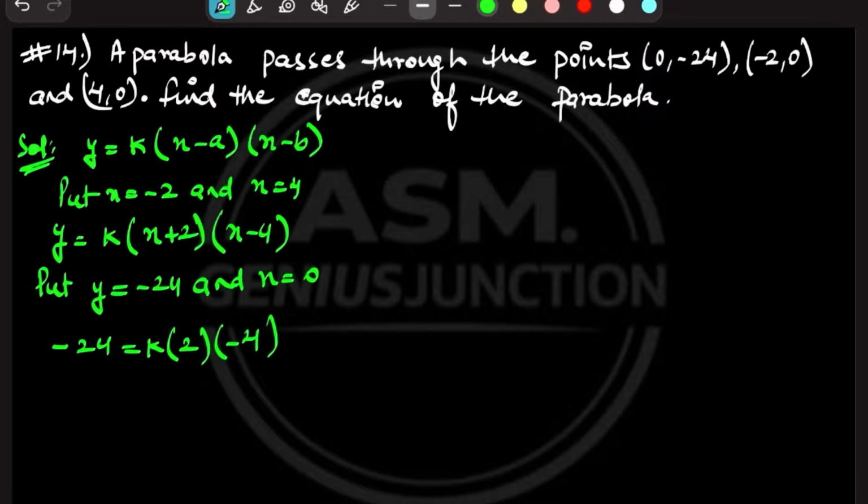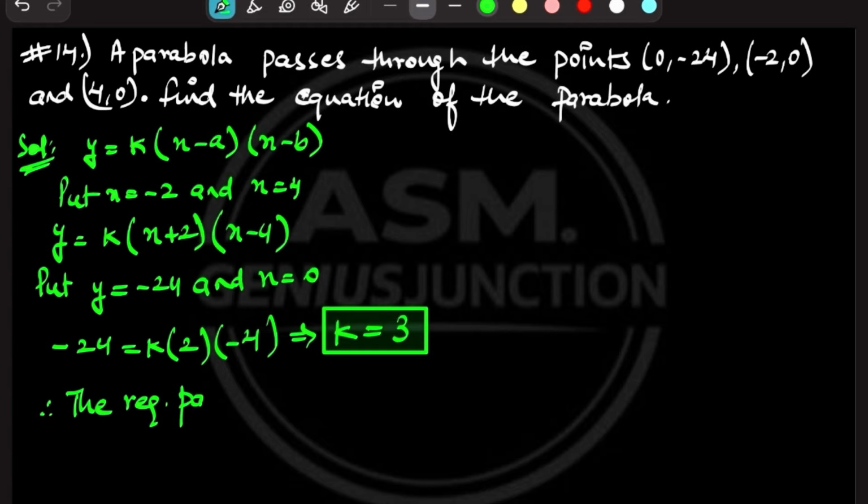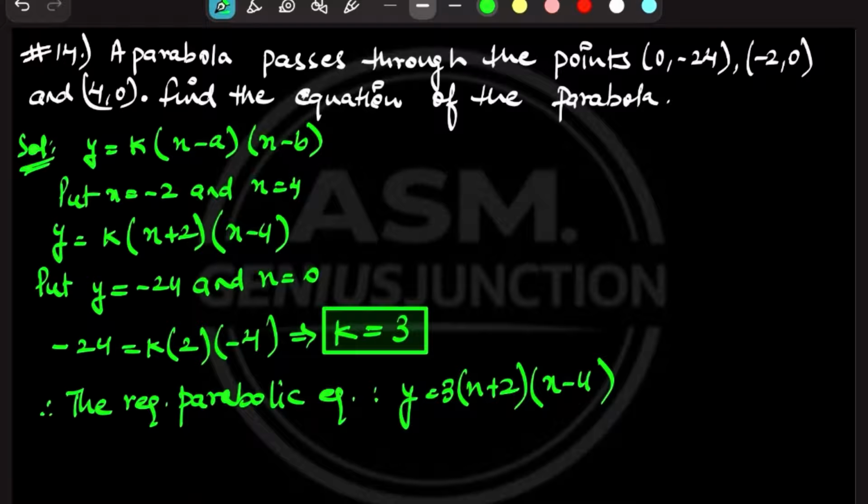This is going to give you the value of k as 3, right? So the required parabolic equation becomes y equals 3 times x plus 2 and x minus 4.